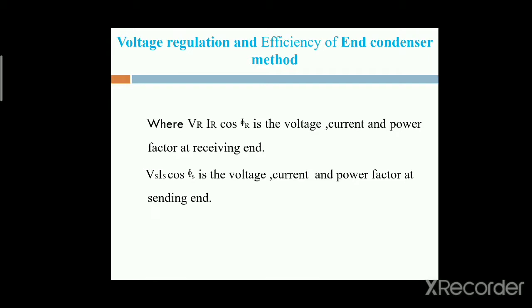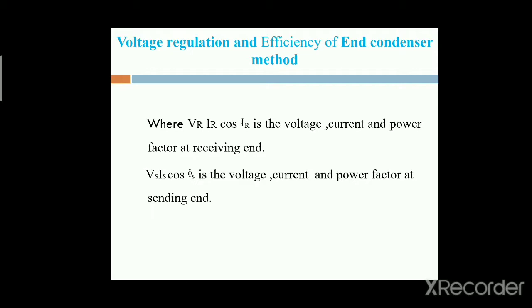Depending upon the connection of the capacitance, it is divided into three types: the end condenser method, the nominal T or middle condenser method, and the nominal pi method or split phase condenser method. The first method, the end condenser method, has already been discussed in this class.